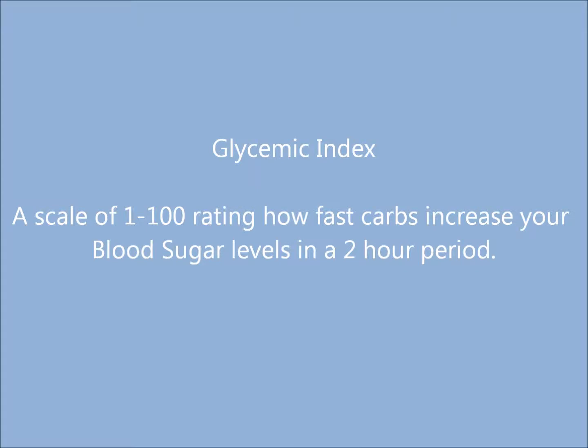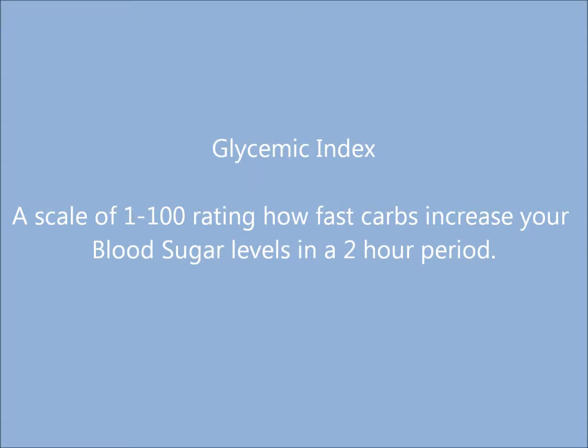The National Academy of Sports Medicine rates a low glycemic index carb as less than 55. It's going to be your peanuts, cherries, whole wheat pasta, multi-grain bread, and so on. Your moderate, which is 56 to 69, is going to be peaches, sweet potato, cantaloupe, the vast majority of your fruit.